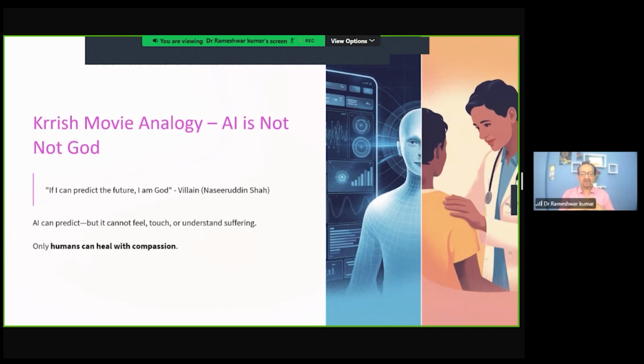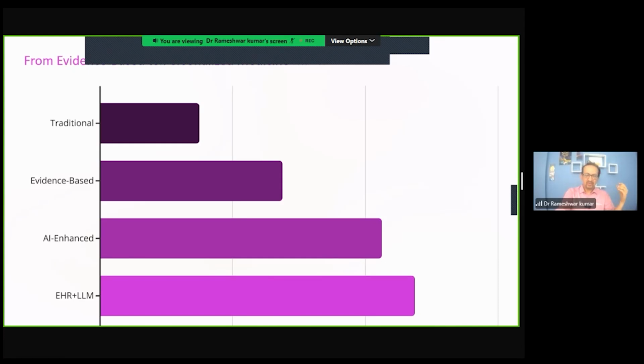But AI can predict, yet cannot feel, touch, and understand suffering. Only humans can heal and have compassion. Medical science is being transformed from evidence-based to data-based personalized treatment.